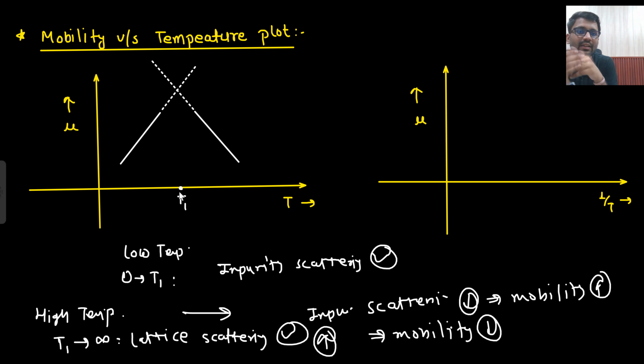In the lower range, if I increase the temperature, impurity scattering will decrease, so mobility will increase. This is how the graph should have gone, and in the mid temperature both scatterings are dominating. So this kind of graph you will get.